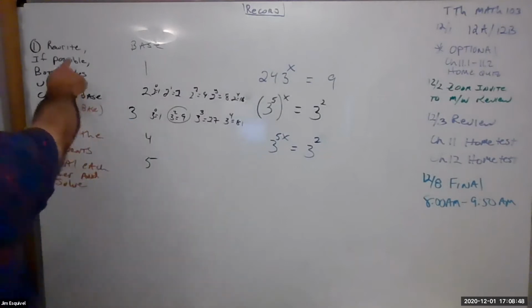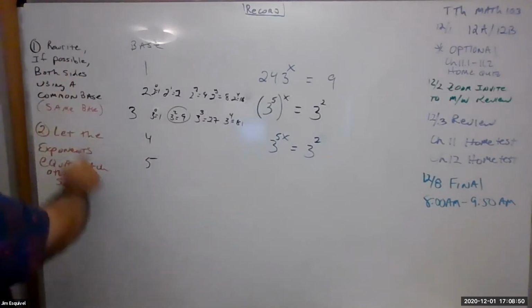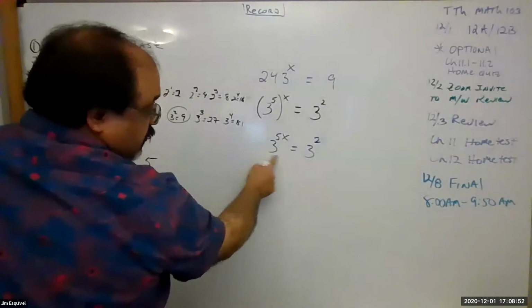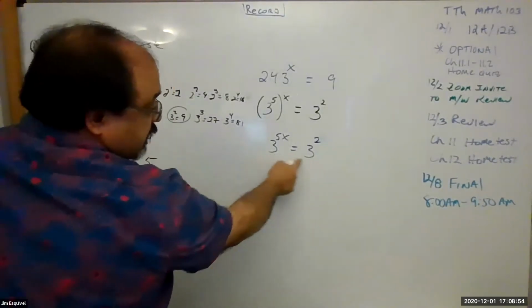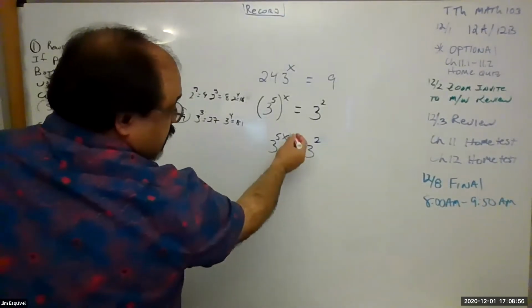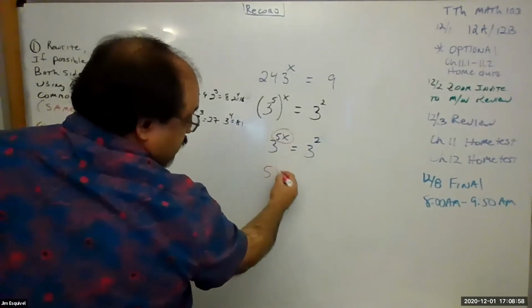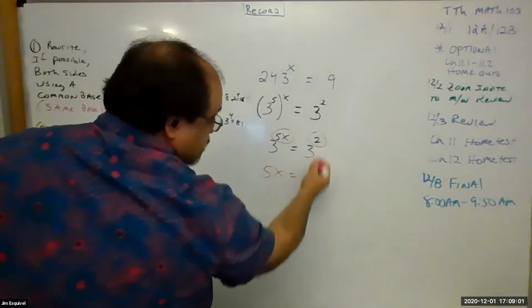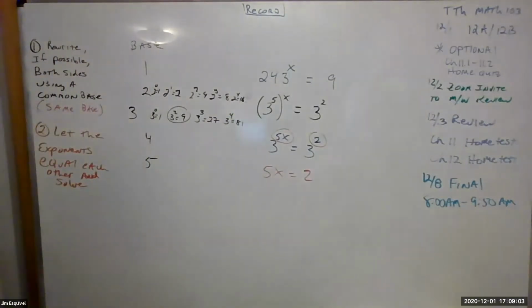The same base, common base on each side. They're both 3's. Once you have the same base on both sides, you let that exponent, 5x, equal that exponent 2. And then you get to solve for x.